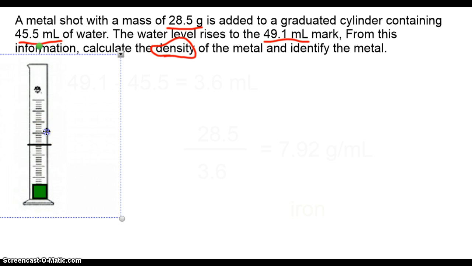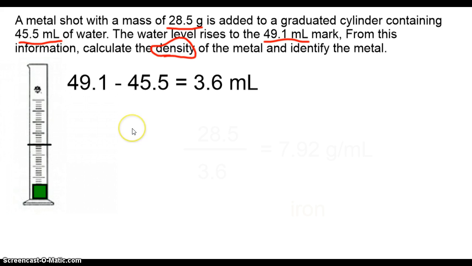Sorry, I'm doing this without my good technology. Anyway, the water level is right about here, 49.1, which means we're going to have to do some subtraction. That water level rises, which means that the object itself is 3.6 milliliters.